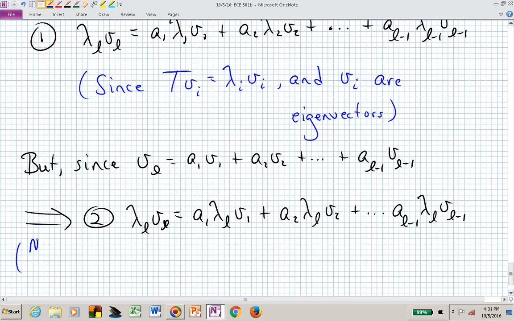That was possible by multiplying by lambda sub L.